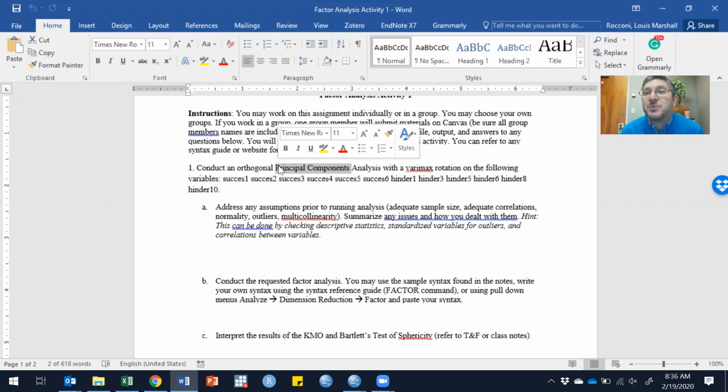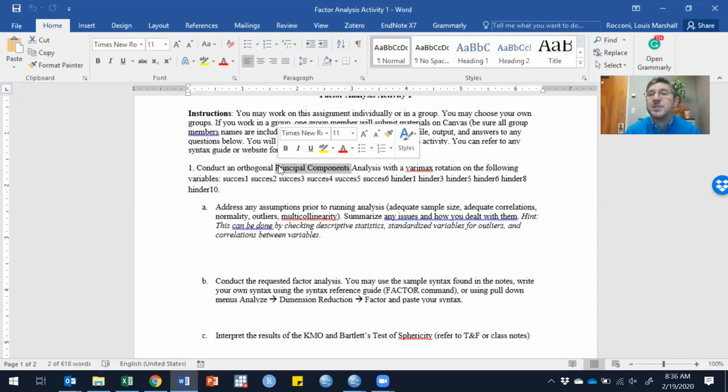We can think of principal component analysis more as a data reduction technique, and factor analysis is probably more appropriate when you believe that there is some latent construct that's defining the interrelationships among the items. So that's 2 ways you can think about the differences between factor analysis and principal component analysis. 90% of the time you come to similar conclusions, whether you do it as a principal component analysis or as one of the many different kinds of factor analyses.